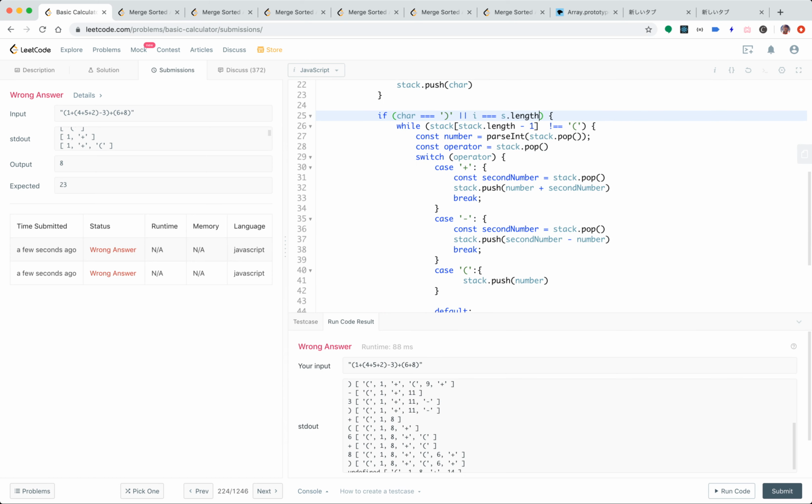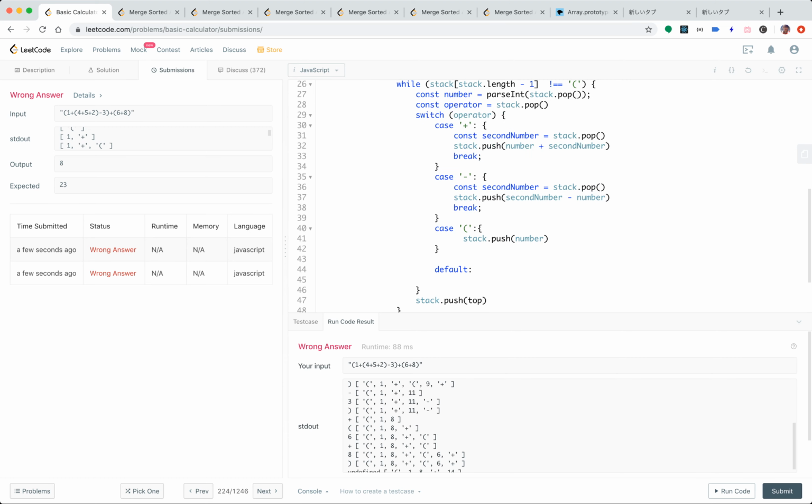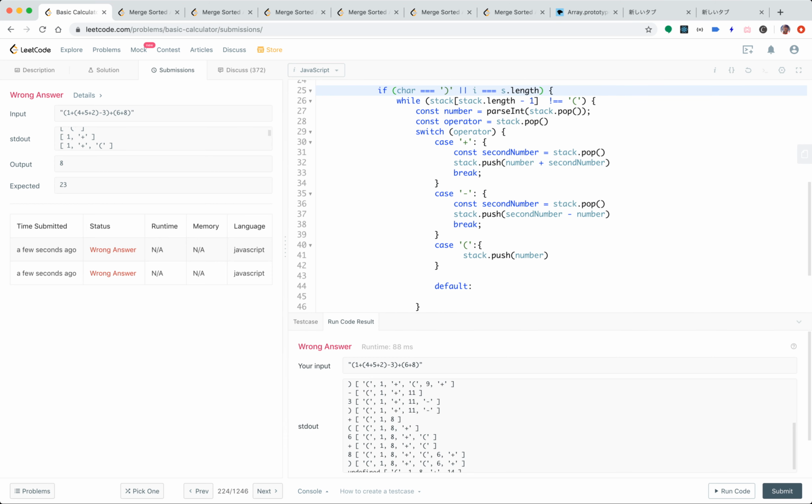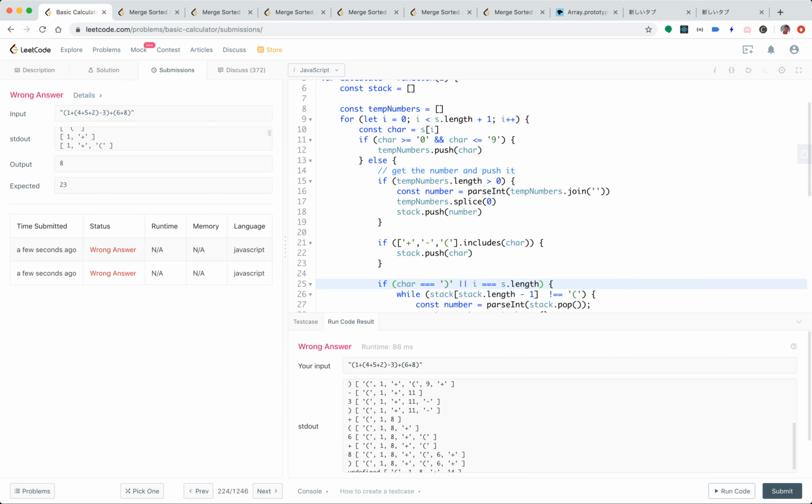And while stack is not empty. This for loop is like n, doesn't matter.